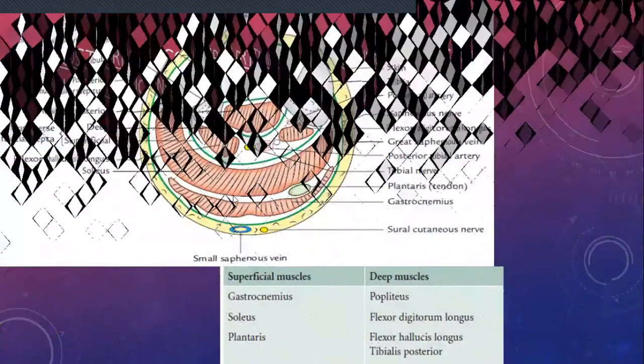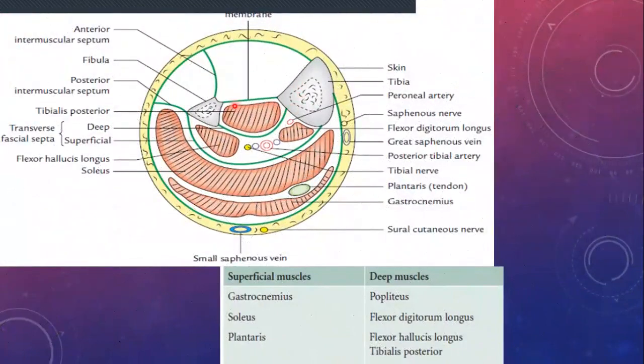Here we are. Let me take a pen. Now you can see this is the posterior intermuscular septum. The one I'm drawing is the anterior boundary of the posterior compartment.